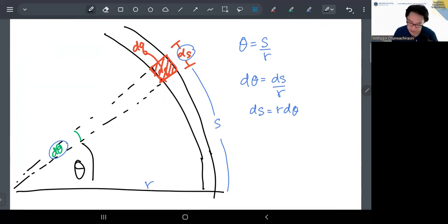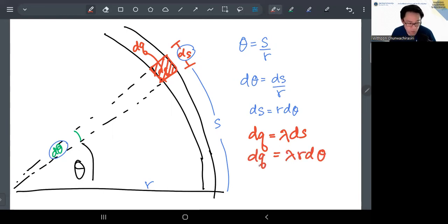Charge density. So dq will be lambda ds. Just like before, we had lambda dx. You want the charge, you take the density, multiply by the length. Same thing. So what we have is lambda r d theta. That's your dq right there.